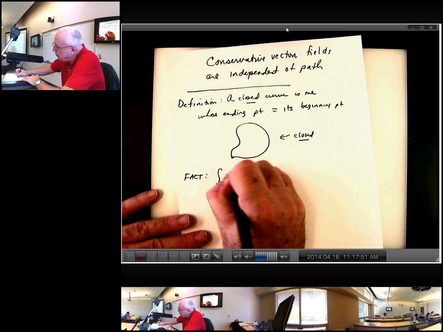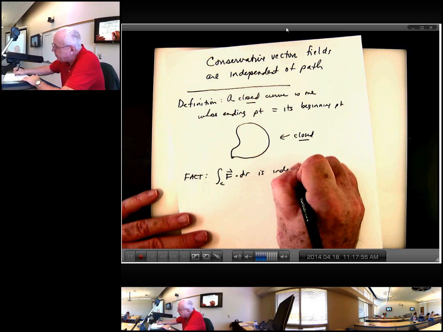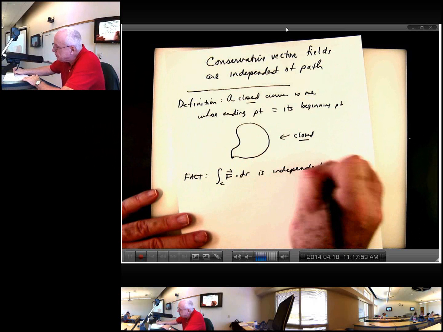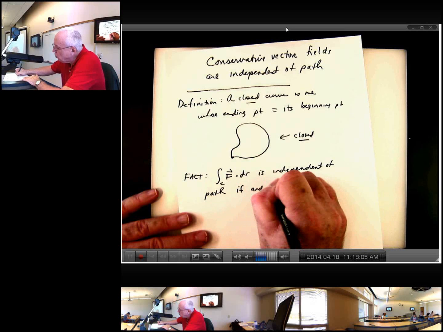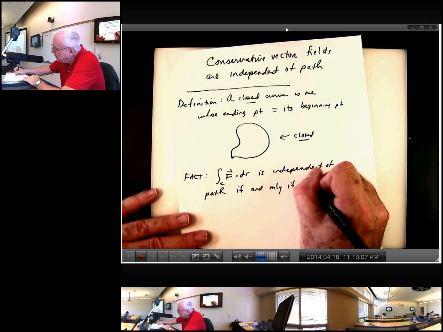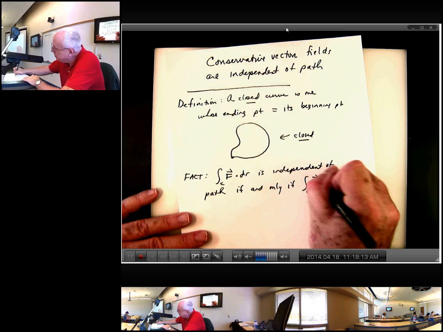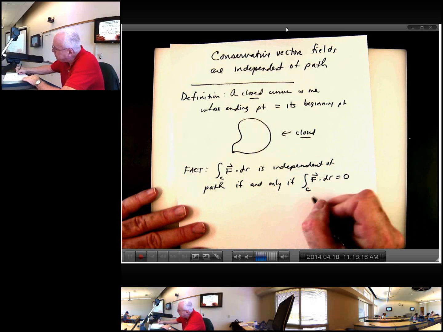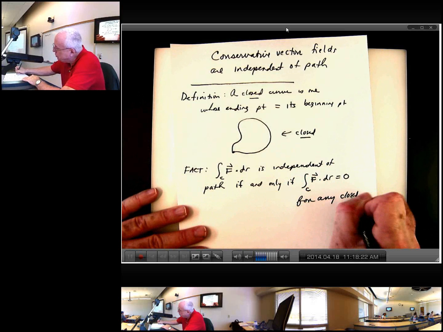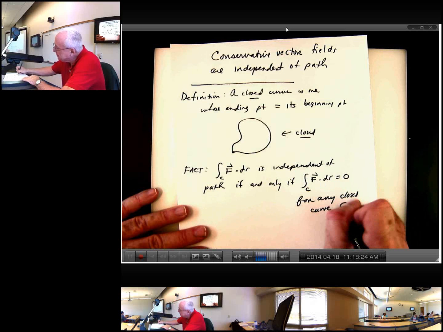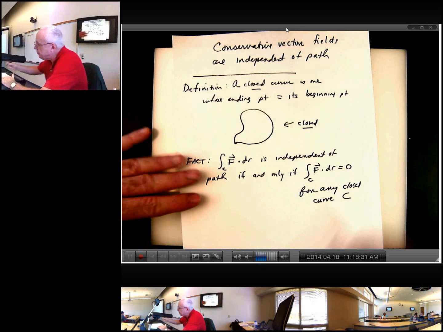The line integral of f dot dr is independent of path if and only if the line integral of f dot dr is equal to 0 for any closed curve C. This makes some sense if you think about it.